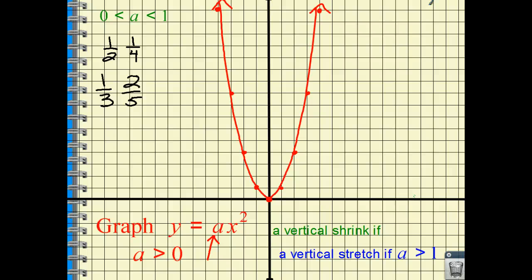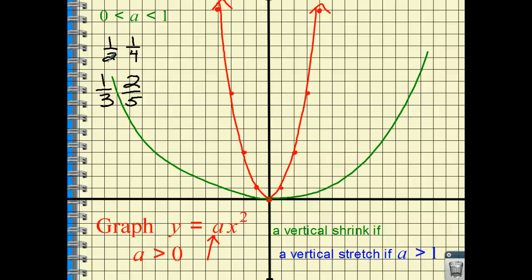I'm just going to make one up and try to be pretty consistent here. So it's going to be wider than the parent. And the fraction, depending on what fraction it is, will tell you how wide that green bowl is actually going to look. All right, so we call that a vertical shrink.